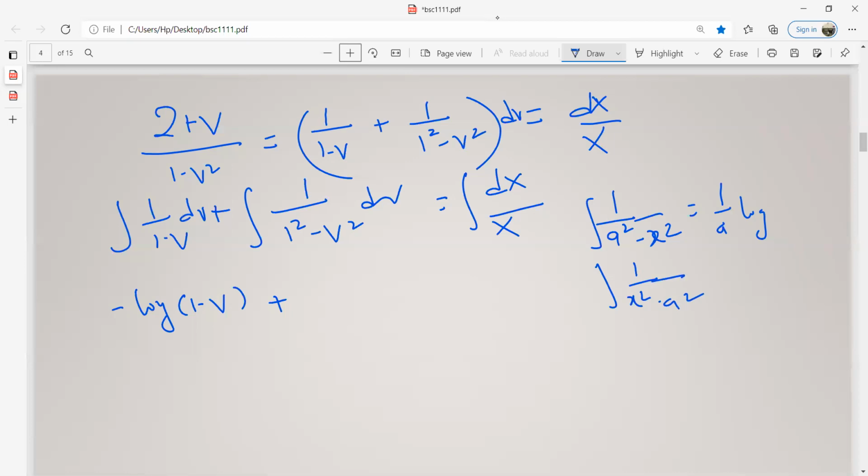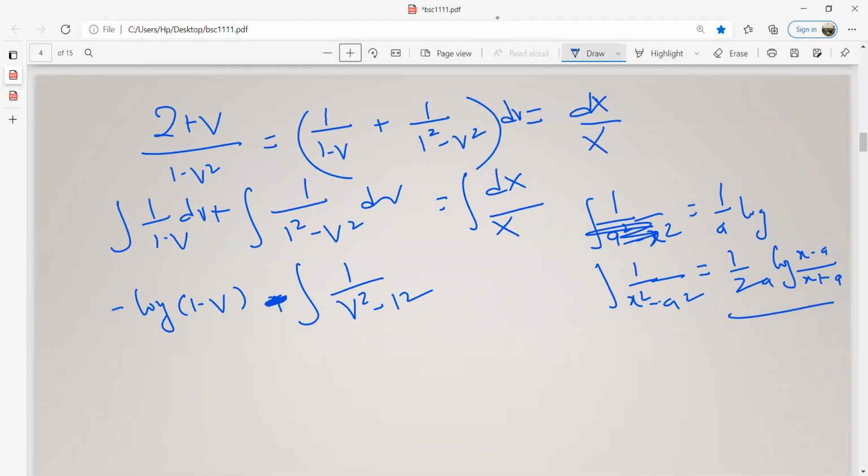So we just take the negative sign here. So this expression, v square minus 1 square, can be written as 1 upon x square minus a square equal to 1 by 2a log of x minus a upon x plus a.